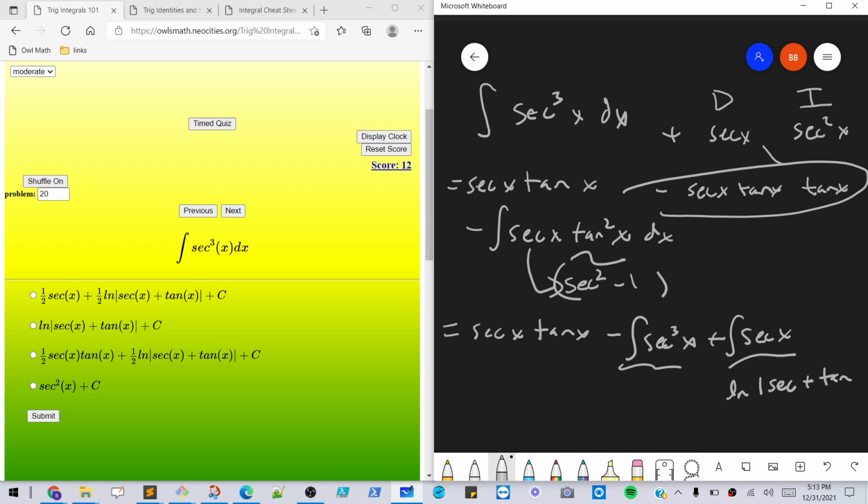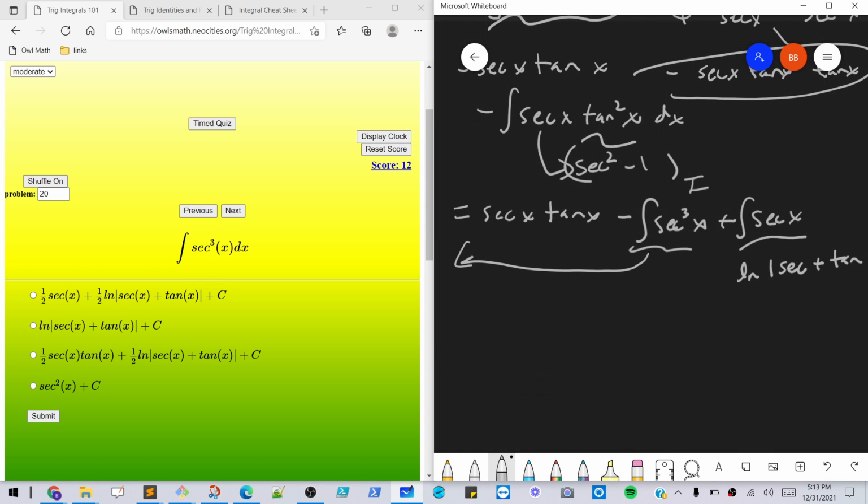So this is the repeating case of integration by parts. What I like to do is call our original integral I. Call it whatever you want, call it Y. And then if this is I as well, we can bring this to the other side. So we end up with a little equation like 2I equals secant x tangent x plus ln of secant x plus tangent x, plus c if you want.